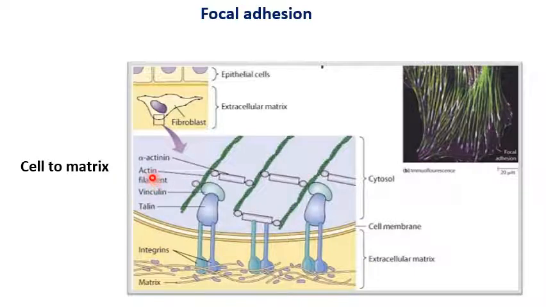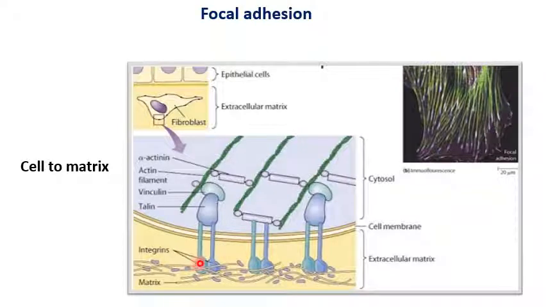The intracellular protein present in the cytoplasmic region of the cell is the actin filament, along with other proteins that are also involved, that is alpha actinin, vinculin and talin. And the transmembrane proteins present are integrins.